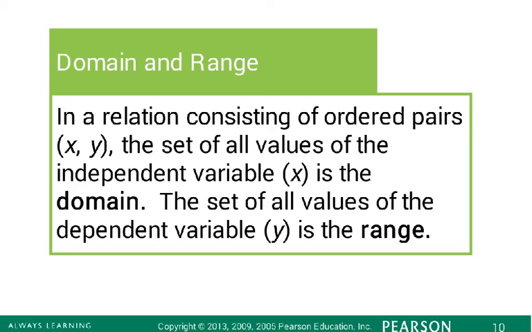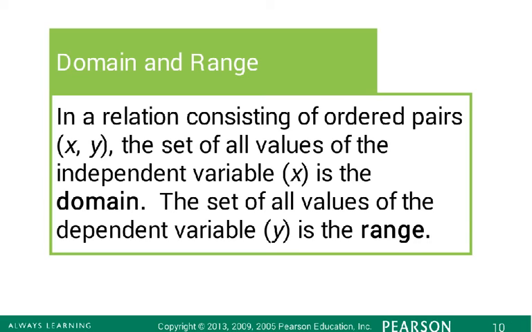Okay. Another thing we're looking at in this section is something called domain and range. I know you all have studied this before in Algebra 2. And if you didn't understand it then, maybe you should really try to understand it now. This whole chapter revolves a lot around domain and range.